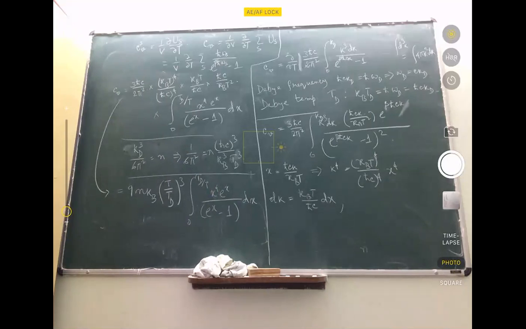So this is the form you will see in the textbook. So here, the specific heat of a solid is expressed in terms of a single parameter, which is Td. Now, this is still a parameter.